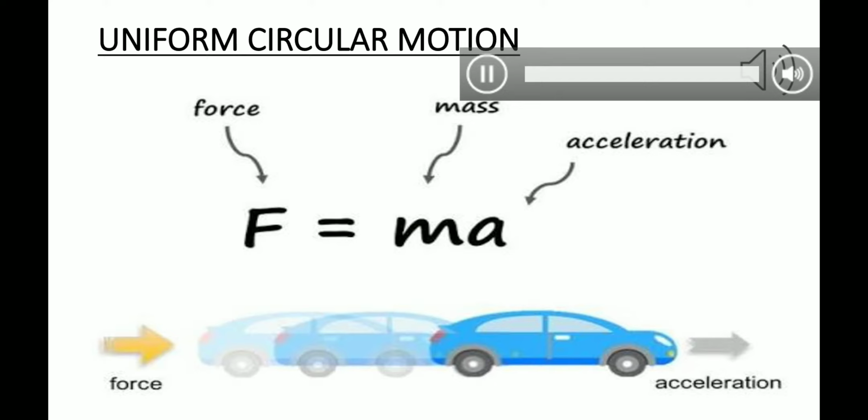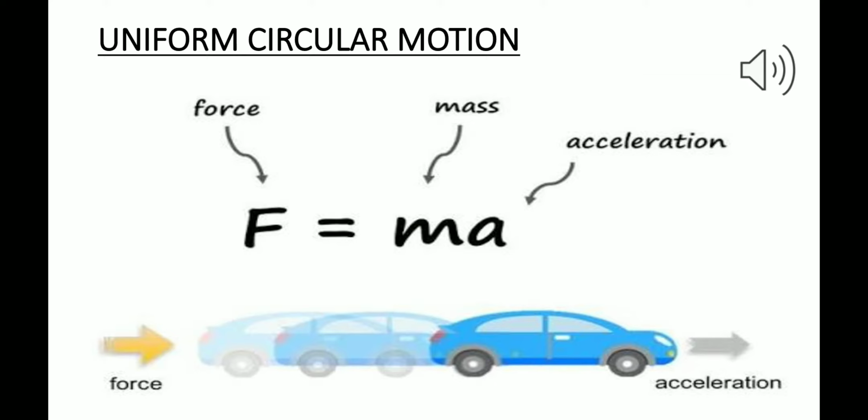Before beginning with uniform circular motion, I want to revise a few points with you all, which we have studied in earlier classes. The first thing is, what is distance and what is displacement? Let us take a circle and put a point A on the circle.